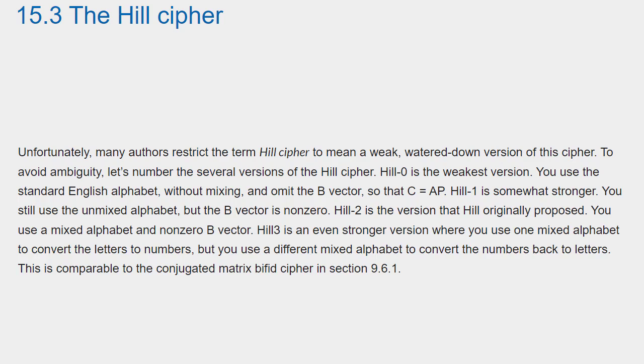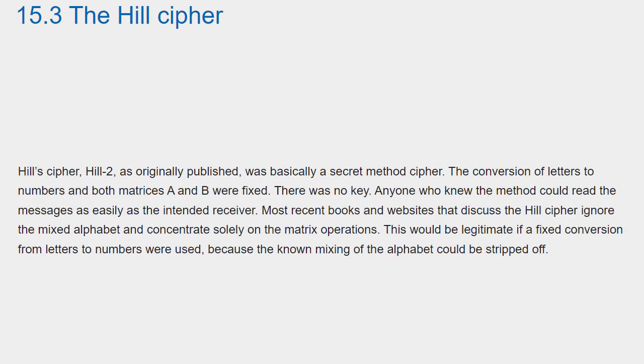Hill 2 is the version that Hill originally proposed. You use a mixed alphabet and non-zero B vector. Hill 3 is an even stronger version where you use one mixed alphabet to convert the letters to numbers, but you use a different mixed alphabet to convert the numbers back to letters. This is comparable to the conjugated matrix bifid cipher in section 9.6.1.